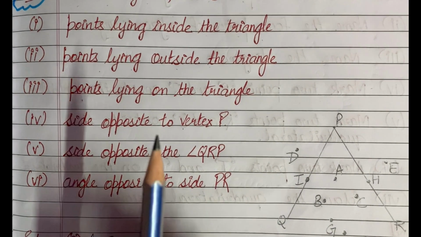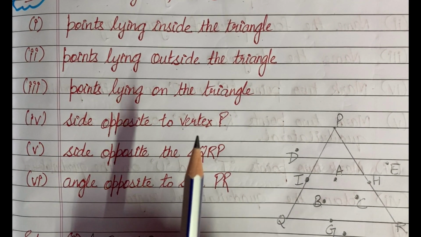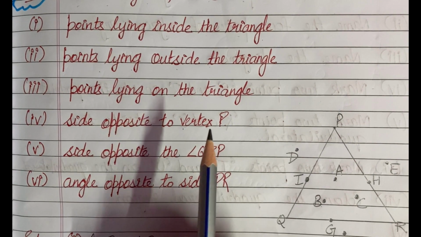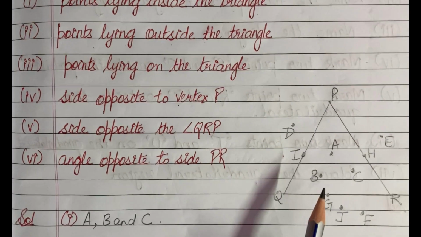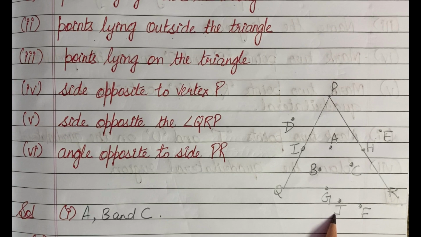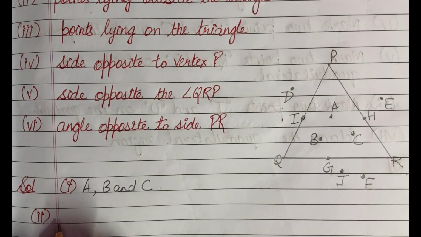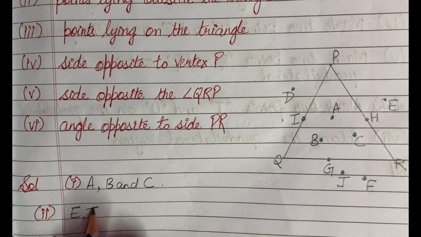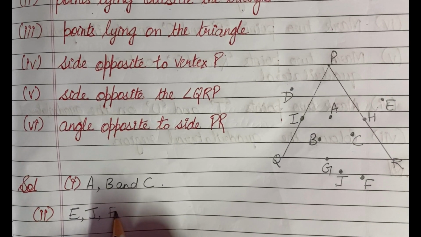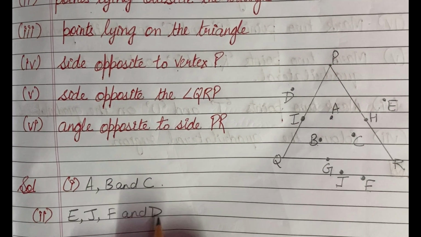Here in the figure the points lying outside or the exterior of the triangle are E, J, F, D. So the answer will be E, J, F and D.